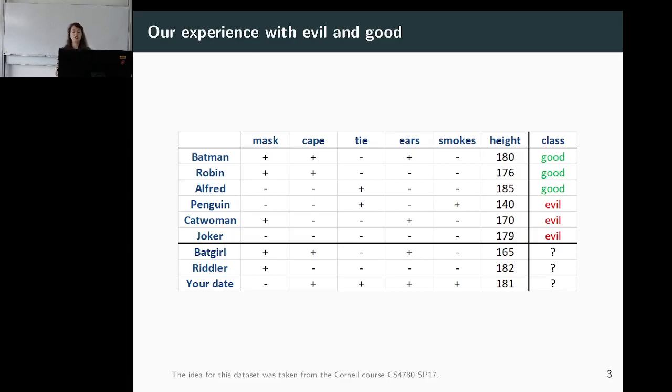And based on these 6 attributes, we will decide if the person is good or evil. As you see here, we have 6 examples, and we have 3 for us to decide on based on these examples.